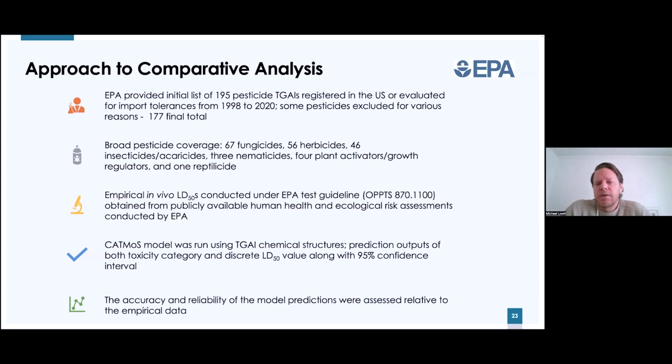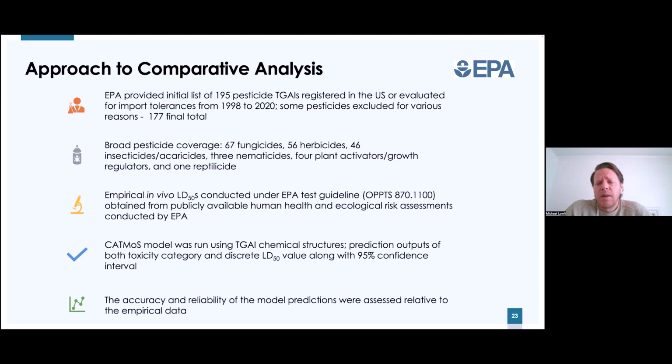All the data in the comparison data set are publicly available in EPA risk assessments and were conducted according to EPA test guideline. CAPMOS was run using the chemical structures of those 177 chemicals, and we considered the output of toxicity categories and discrete LD50 values along with the 95% confidence interval I mentioned earlier.